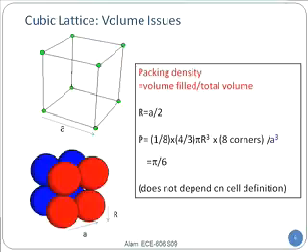Now, in terms of cubic lattices, if you wanted to know what fraction of the volume is actually occupied, we just counted the number, but what fraction of the volume is occupied, you will see that it is approximately 50%, 52, 53%. And this is how it comes about. You realize that if the lattice spacing is A, then the maximum size a spherical atom can be, the radius of it, is A/2.